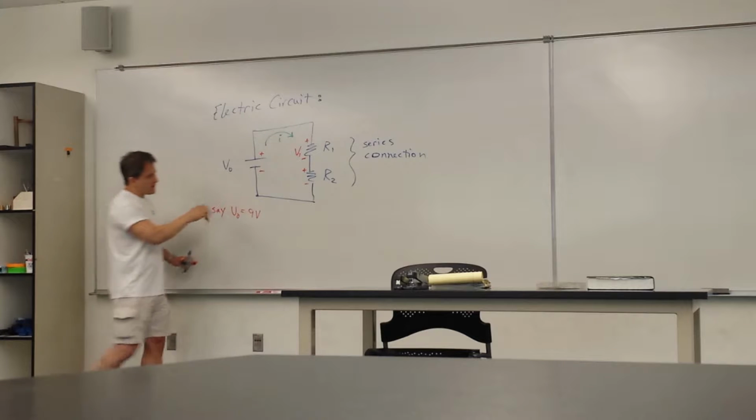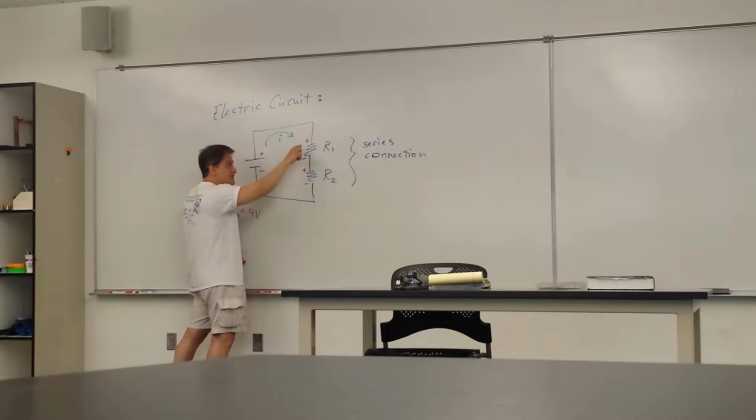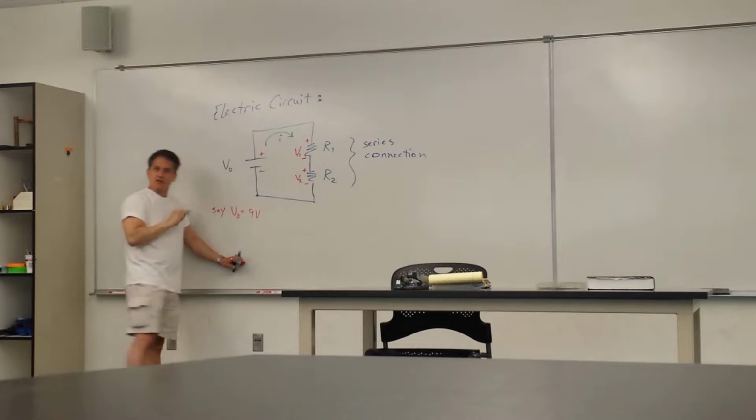But note, we say it's positive here and it's negative there, but this potential is the same here. The positive and the negative just represent the orientation relative to the resistor just previous and succeeding this little connection. So as the charge flows across the second element, I'm going to call that voltage V2.